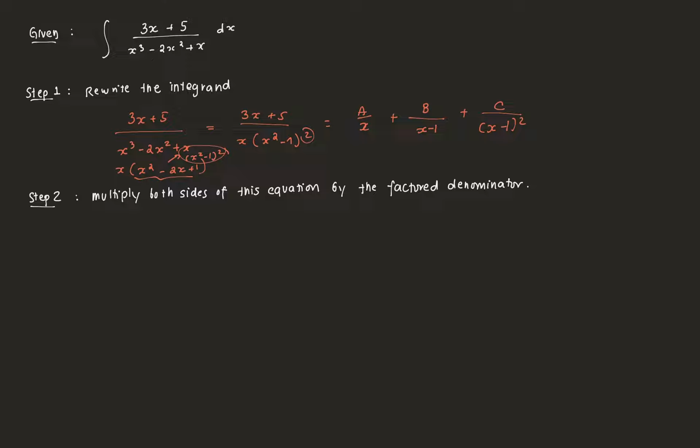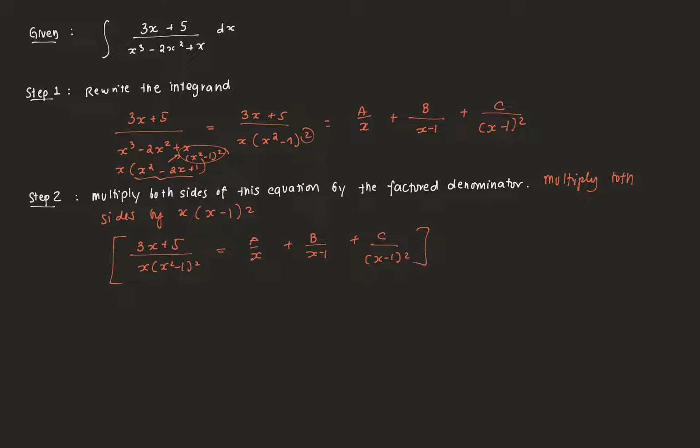Then we're going to multiply both sides of the equation by x times (x minus 1) squared, that's your factored denominator. Let me just rewrite. This is (3x + 5) over x times (x minus 1) squared equal to A over x plus B over (x minus 1) plus C over (x minus 1) squared.